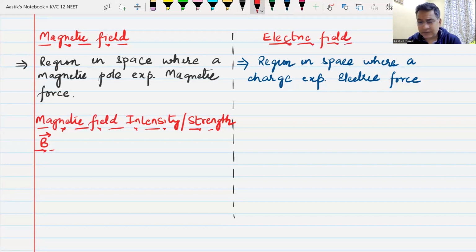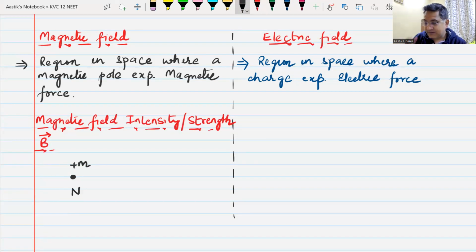Now, how do I find the value of the strength of the magnetic field? I place a magnetic monopole plus M. Plus M means it is a north pole. An isolated north pole is not possible, but this is just to make you understand how it is.